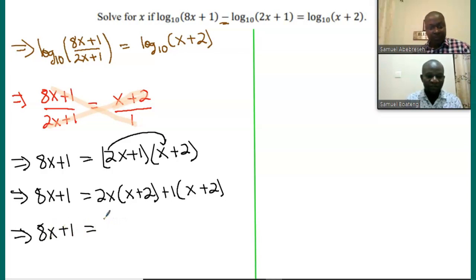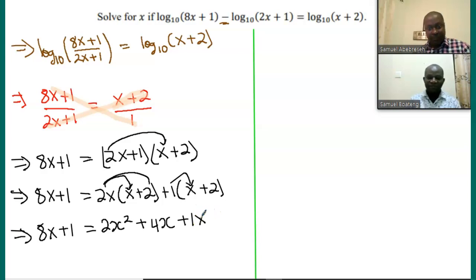So still we have 8x plus 1 equal to 2x squared plus 4x plus x. 1 times x will give you x, then 1 times 2.